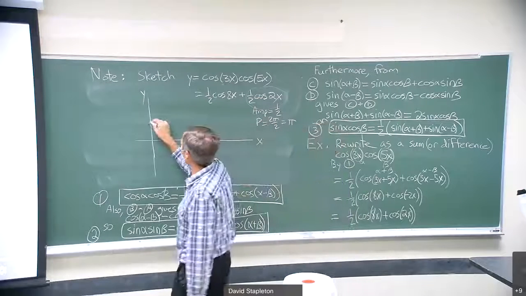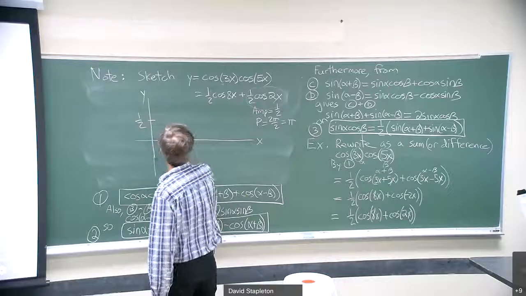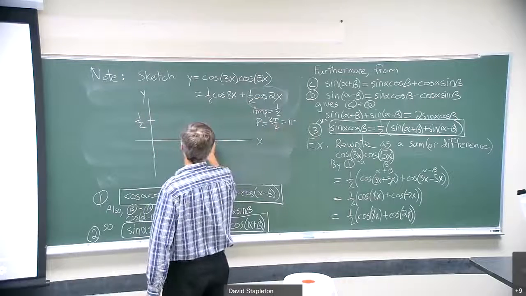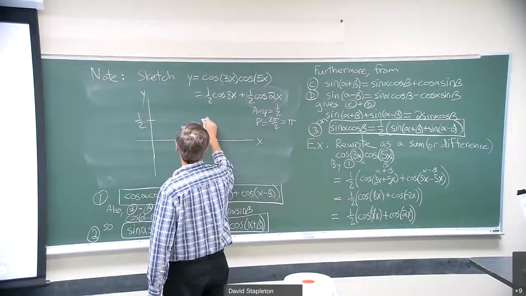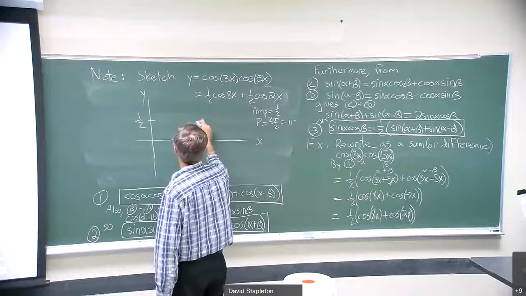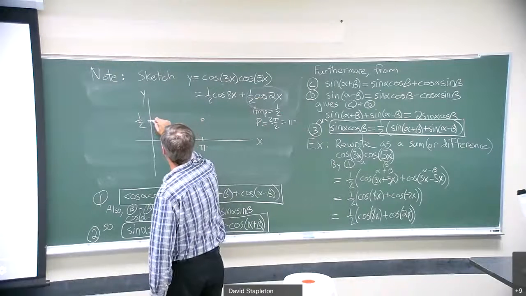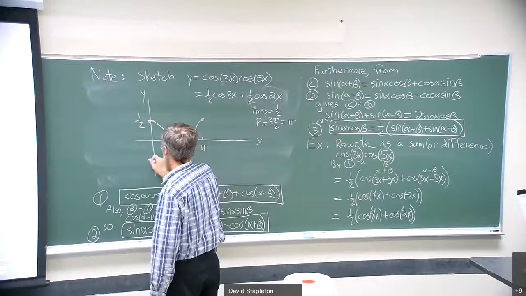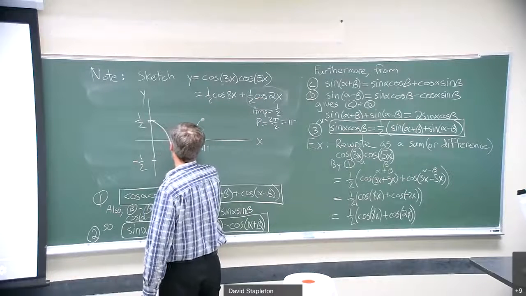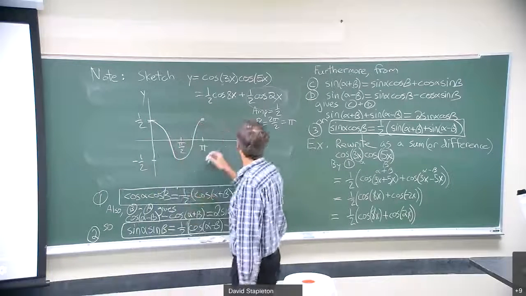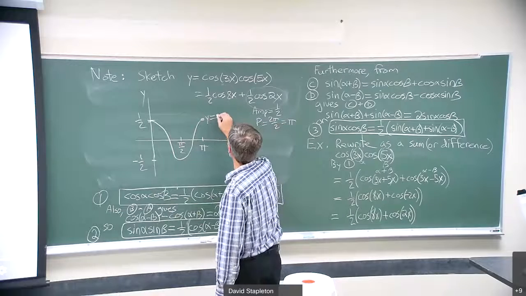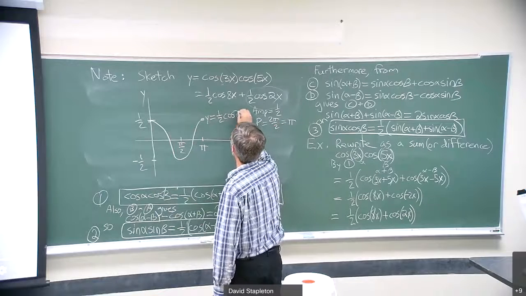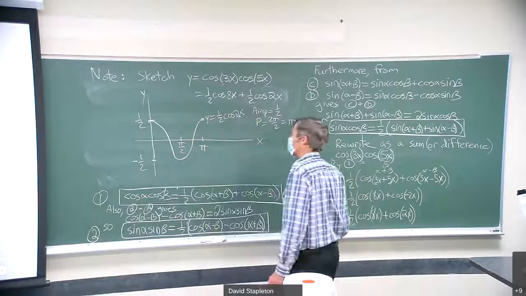I can start at 1/2, and I can go over pi units and find out that it completes a period. So it starts at the top since it's a cosine, and it looks something like this. Goes down to minus 1/2, halfway across at pi over 2. So there's what y equals 1/2 cosine 2x looks like.